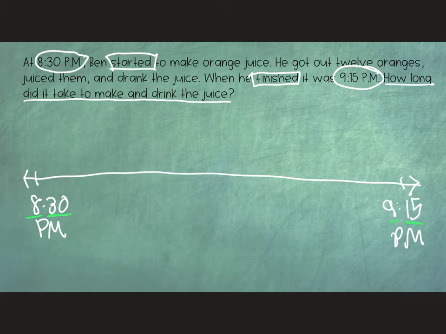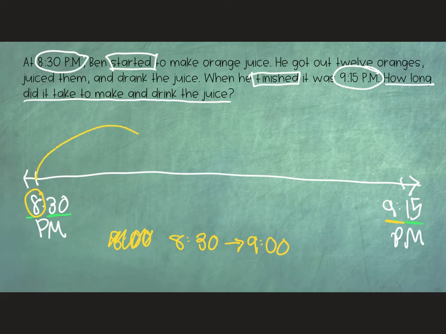So I'm going to use this method. I am going to first try to get my 8 o'clock to 9 to match the hours. So to do that, I have to add 30 minutes, right? To get from 8:30 to 9 o'clock, I have to add 30 minutes, right? Because 9 o'clock is the same thing as 8:60.